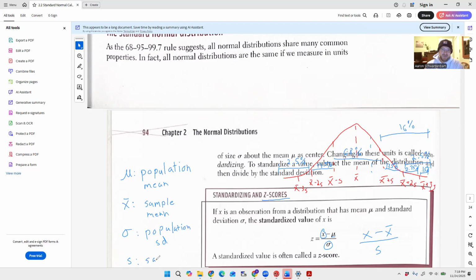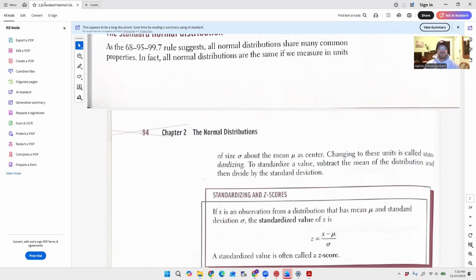And the sample standard deviation is S. So the z-score basically just scales everything so that we get a new normal curve with the mean at 0, one standard deviation above being 1, one below being -1. So you get these nice whole numbers. And that is the beautiful thing about z-scores.